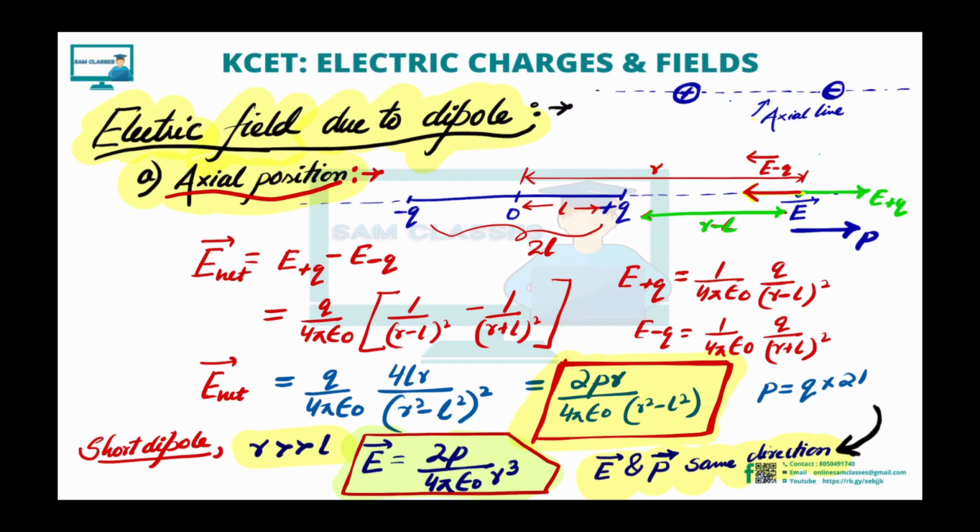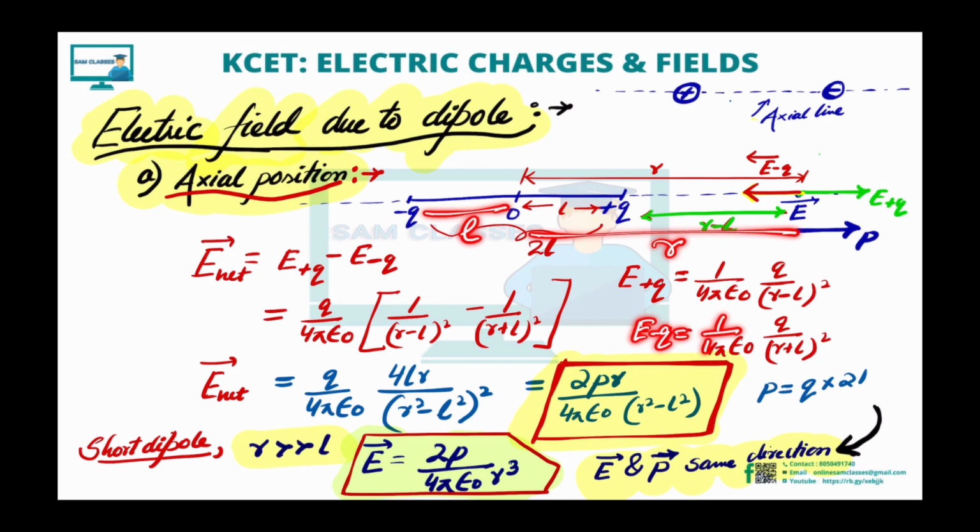Now, we already know the electric field formula, that is KQ by R square, equal to 1 by 4 pi epsilon naught Q by the distance squared. For the positive charge, the total R is the distance from the center we are measuring, students, very important, and this is L from the center. So this part will be R minus L, correct? Pretty simple. So it will be R minus L the whole square.